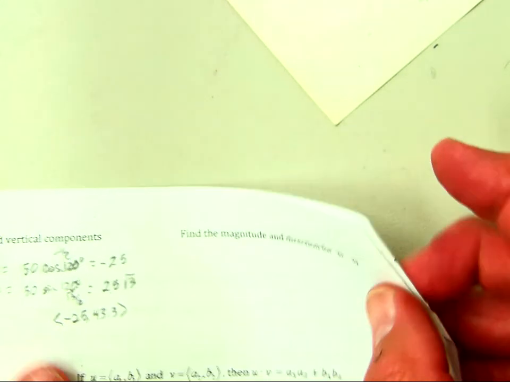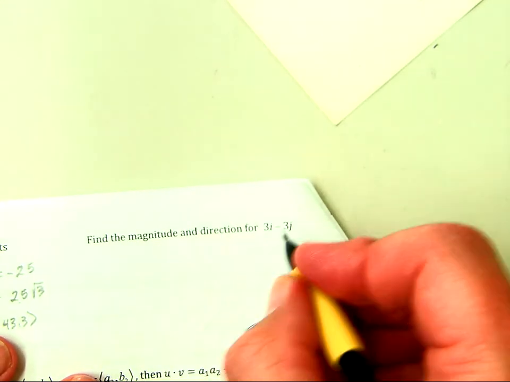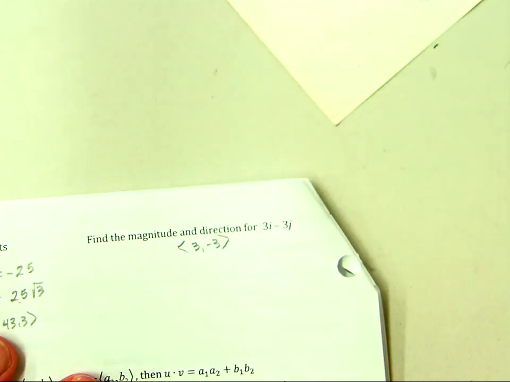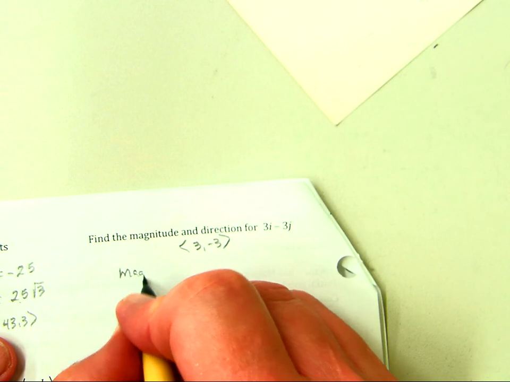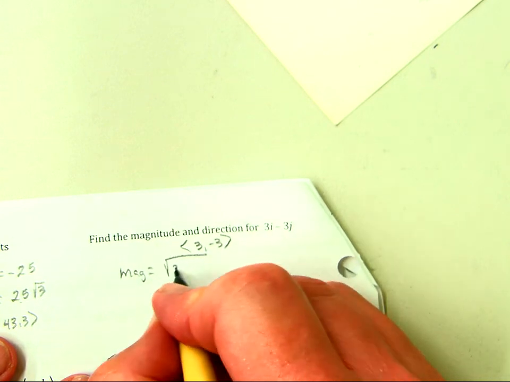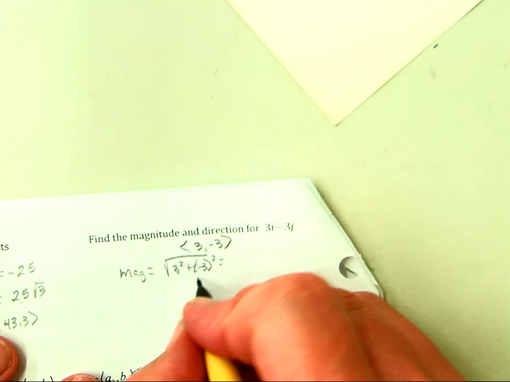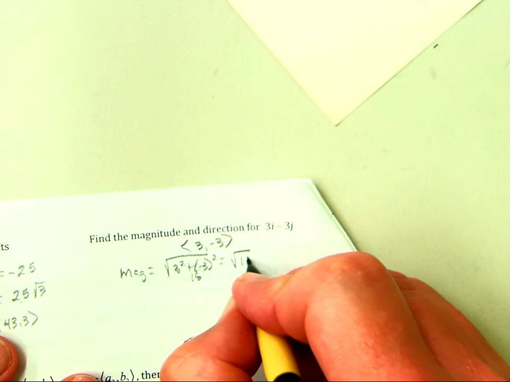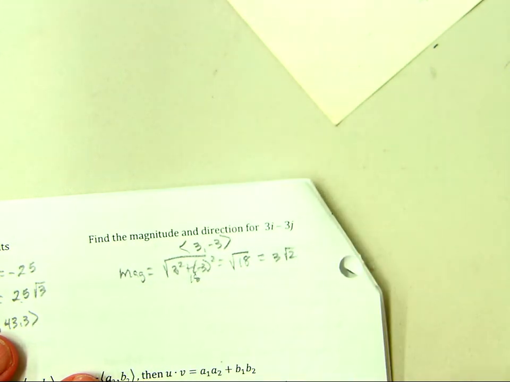Here, the magnitude and direction for 3i minus 3j. Well, remember, in component form, that's the same as 3, negative 3. It's the same thing. So the magnitude equals the square root of a squared plus b squared. So that's 18. So the square root of 18, or that's the same as 3 radical 2.